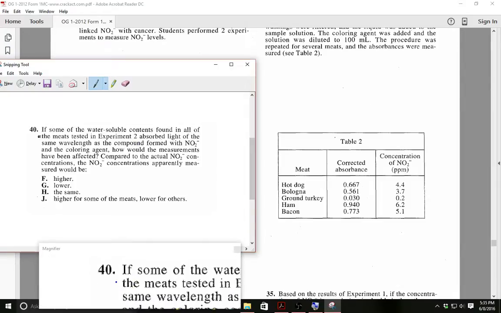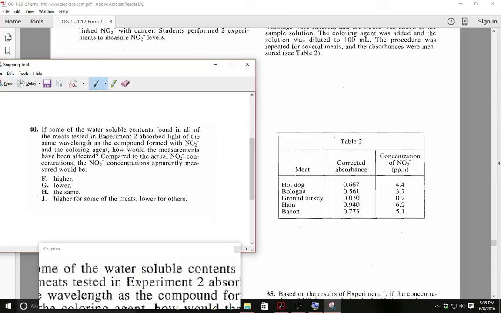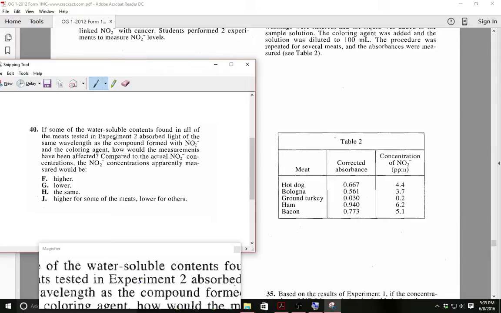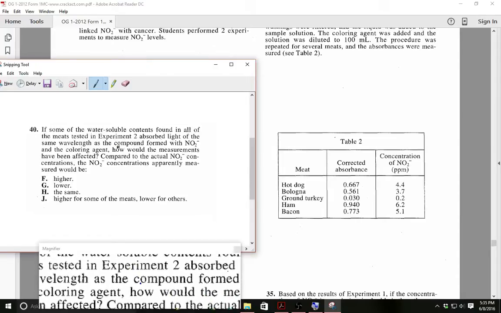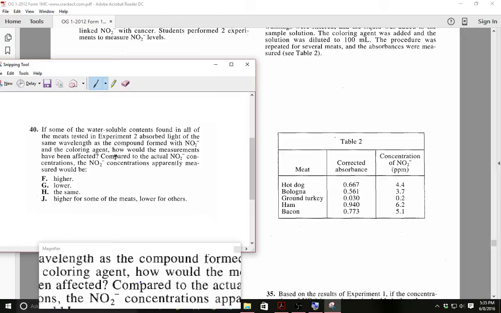So let's reread this. If some of the water-soluble contents found in all the meats tested in experiment 2 absorbed light of the same wavelength as the compound formed with nitrite and the coloring agent, how would the measurements have been affected?